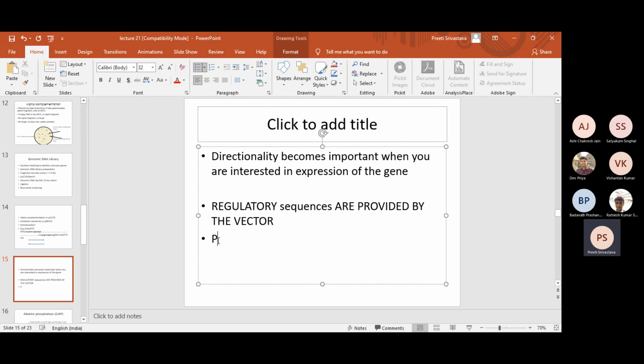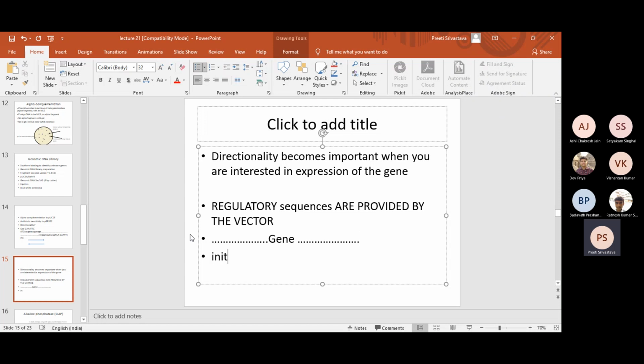These regulatory sequences are usually present before and after the gene. After the gene you have regulatory sequences, for example the signals for termination of transcription, and before the gene you require the sequences responsible for initiation of transcription, right?